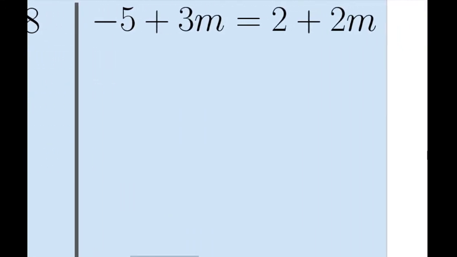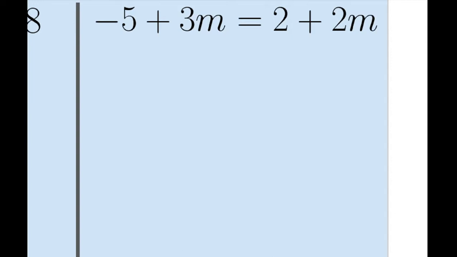The next example, or the third one, again, same idea. So just going through the same steps, get our variables to one side. In this case, I'm going to show you again how, even if you get a negative coefficient in front, it still works. So let's say we're used to getting rid of the variables on the left side. So I'm going to get rid of the plus 3m by subtracting 3m, or doing the opposite operation.